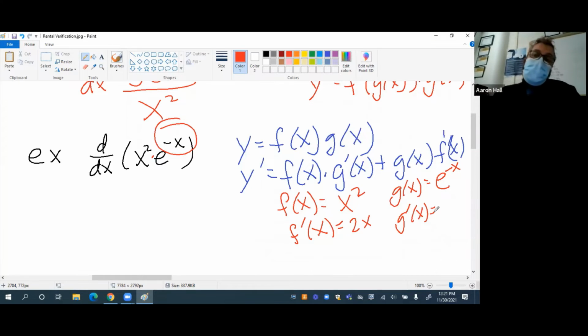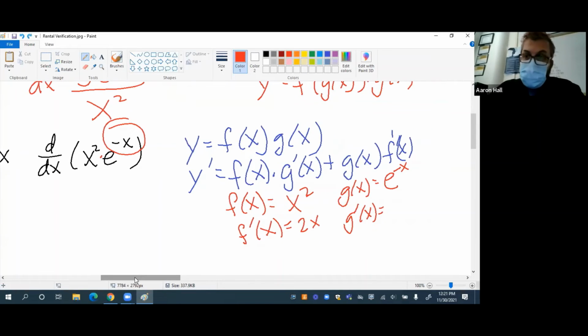So this is the chain rule. Since we have a function inside of another function, the chain rule is the derivative of the outside function, which, if this is just e to the power of u, then the derivative of e to the u is just e to the u.